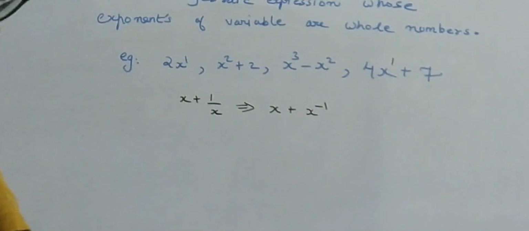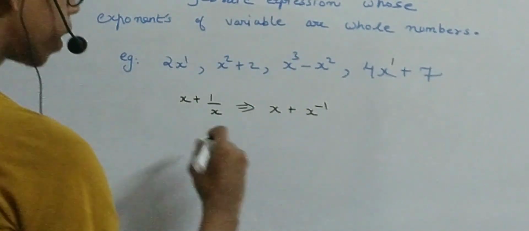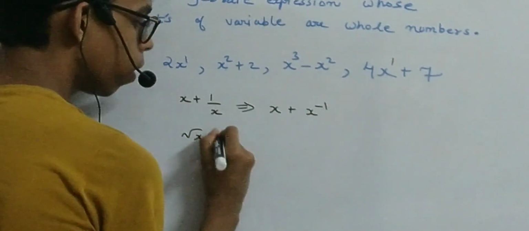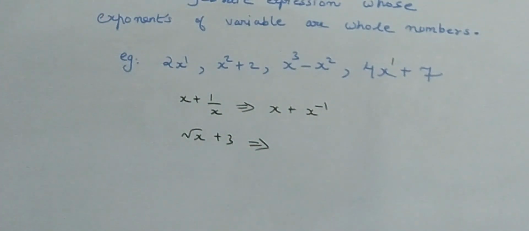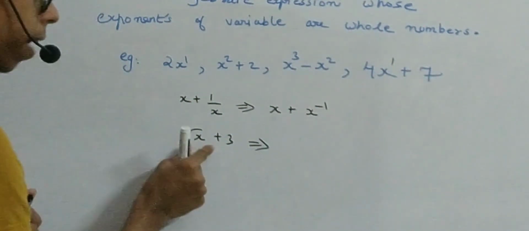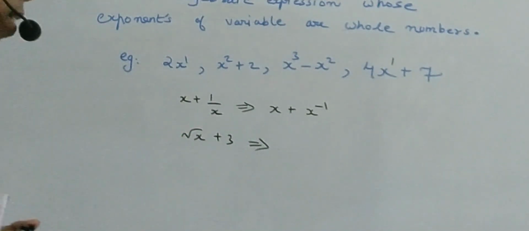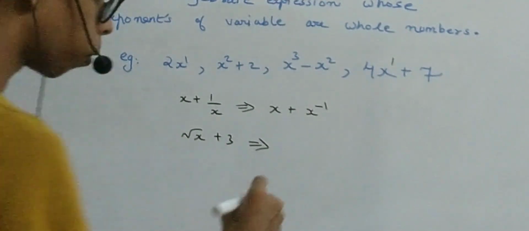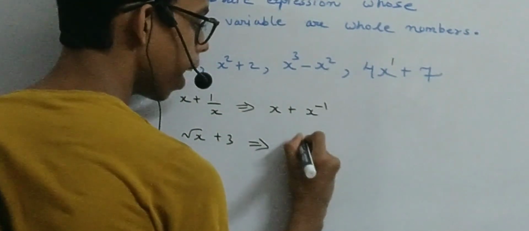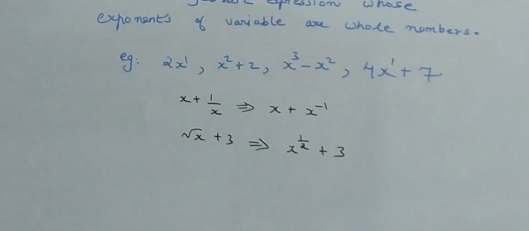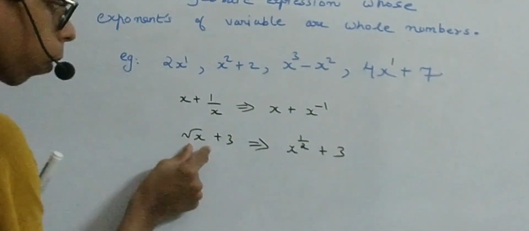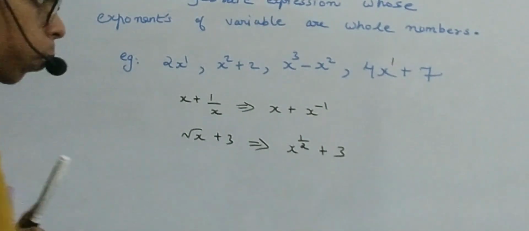Okay. Then one more example I will give you. Root x plus 3. This is another example. In a previous chapter we have learned how we can write this root x in fraction form. It can be written as x raised to 1 by 2 plus 3.